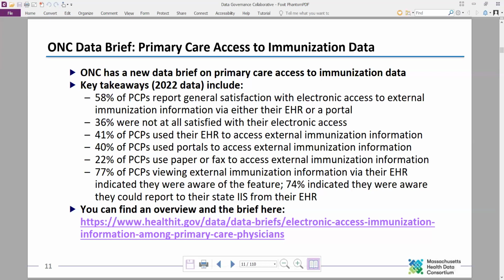74% of them indicated they were aware that they could report to their state immunization system through their EHR. So there's a bit more. They have all the nice fun graphs and stuff. You could look at the full data brief at the link. Normally they're really, really good data that make a lot of sense and provide insights.